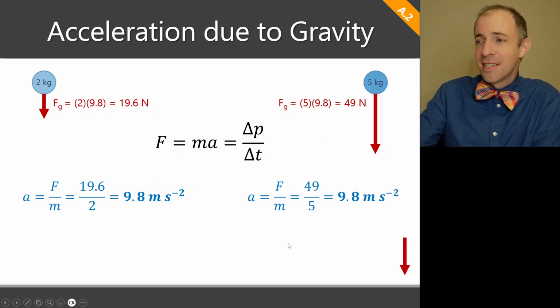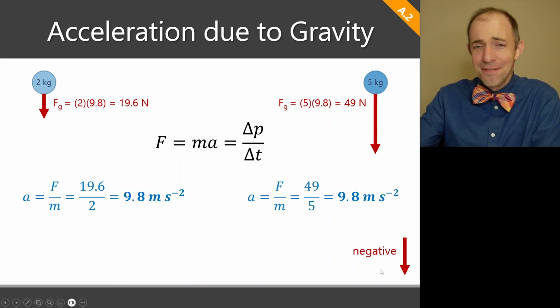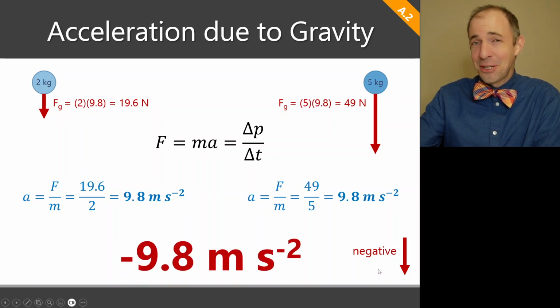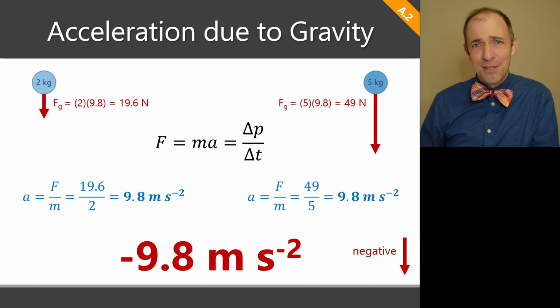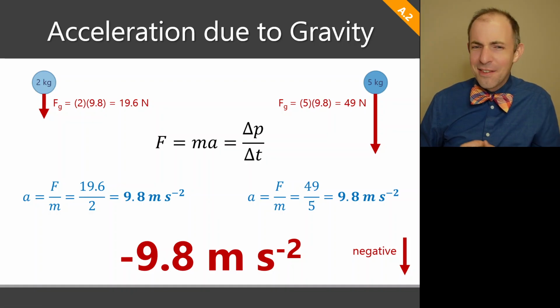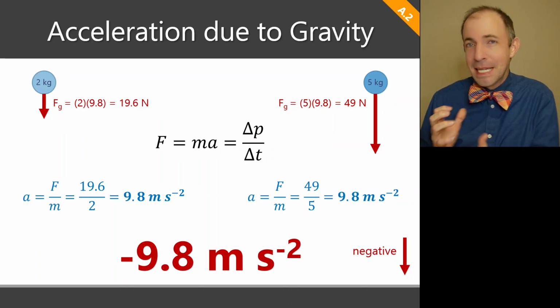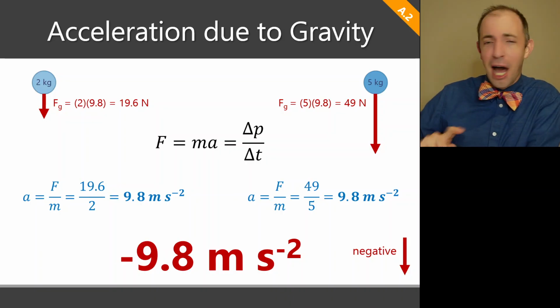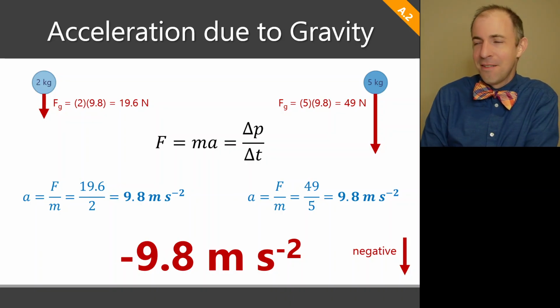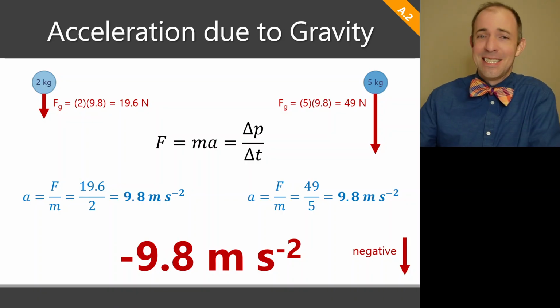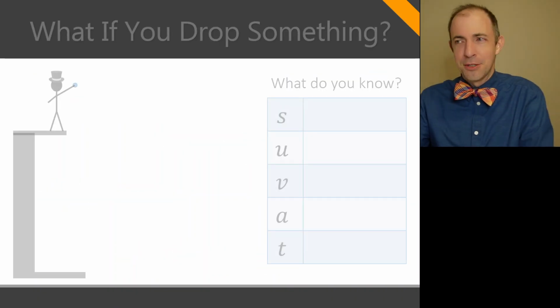If that's the case, then we're going to say that this downward direction being negative means that our acceleration is actually a negative 9.8 meters per second squared. That's going to get kind of annoying as we go through it. But in this video, I'm going to be consistent with that and say up is positive, down is negative. In this case, acceleration is negative 9.8 to match our directions.